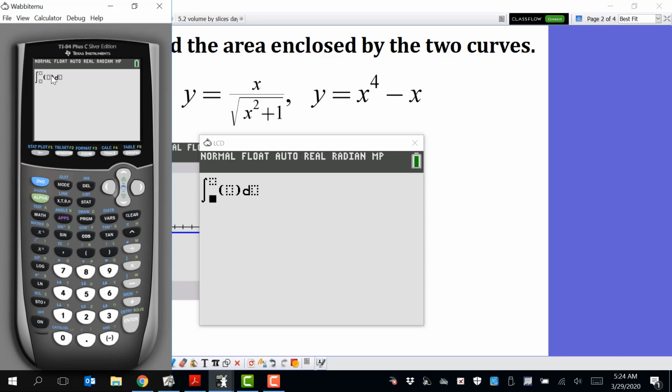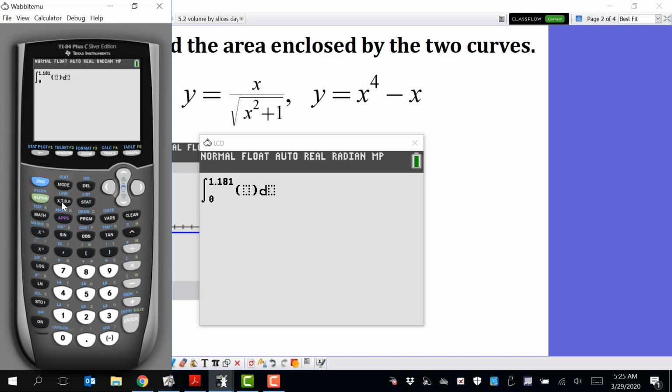So lower bound. Remember, this lower bound is the x value where the enclosed region starts. That was 0. And then the upper bound is where the enclosed region ends. And again, remember, we're using the x values only. So we had the calculator do that work for us. 1.181.